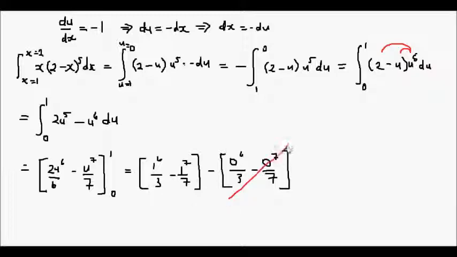We can see straight away that this goes to 0. So we're left with 1/3 minus 1/7, which can be expressed as 7 minus 3 over a common denominator of 21, which makes it 4 over 21.